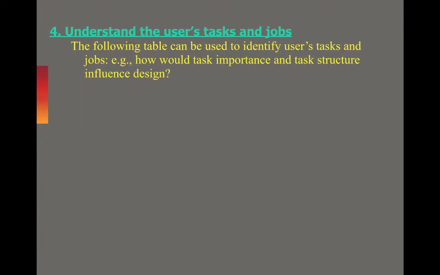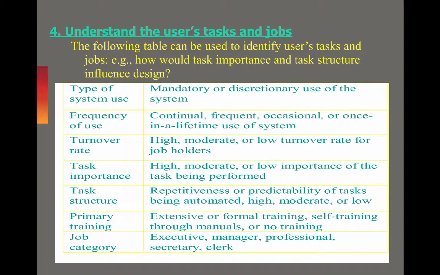Understanding the user's tasks and jobs, what they need to do through the website, is important. In the next video, we will talk about user tasks and subtasks as well. Some of the aspects of tasks that we need to understand are, for instance, how frequent certain tasks are.